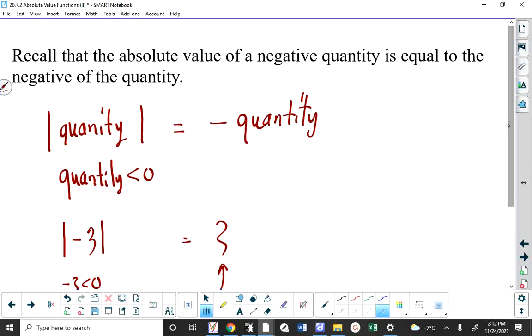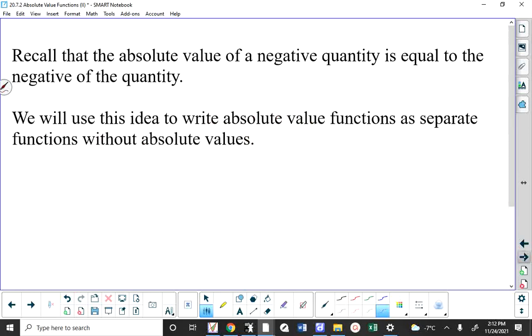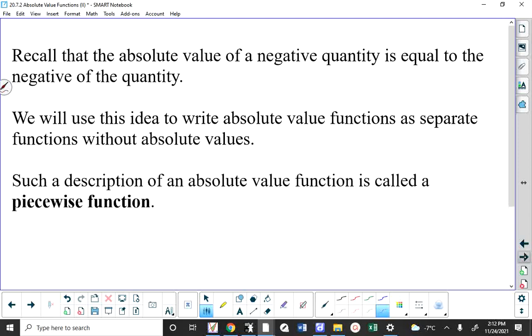It's not how you would figure out the absolute value of negative 3 is 3. You just say it's 3. But what you're really doing, whether you realize it or not, is multiplying it by negative 1. We're going to use that idea to write an absolute value function without absolute value reference. And that's going to be something called piecewise.